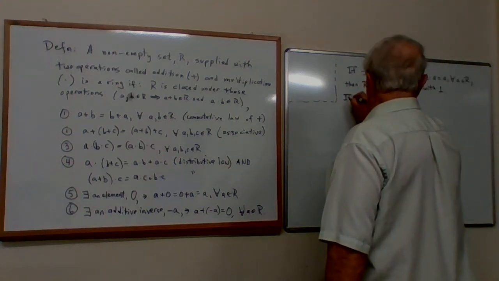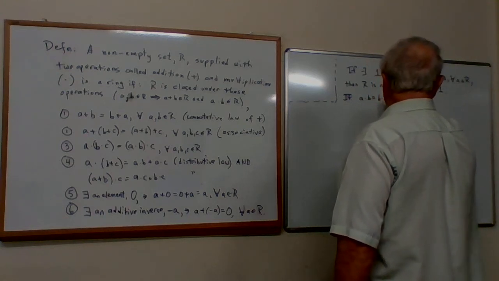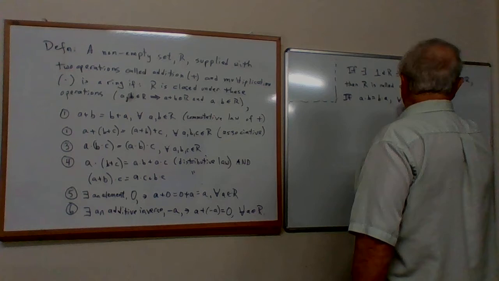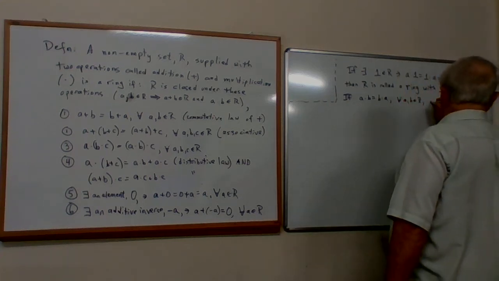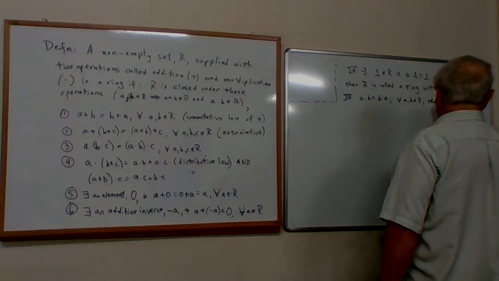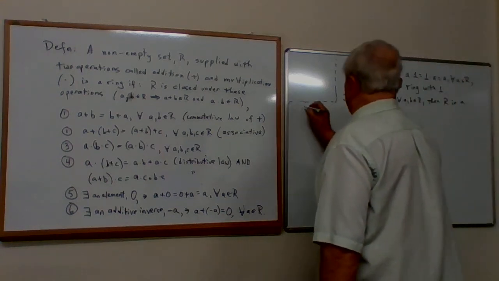If A times B equals B times A for all A and B in R, then R is a commutative ring.